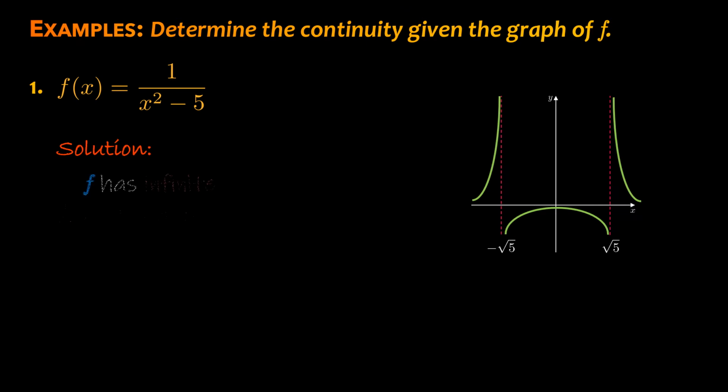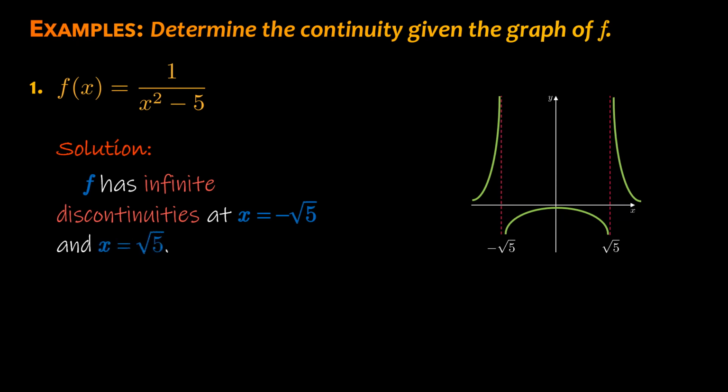The graph shows that f has infinite discontinuities, which are non-removable discontinuities, at x equals negative square root of 5 and x equals square root of 5. F is discontinuous at x equals negative square root of 5 and x equals square root of 5.